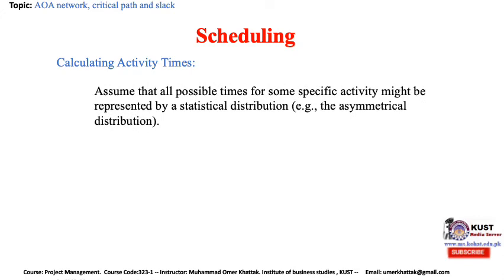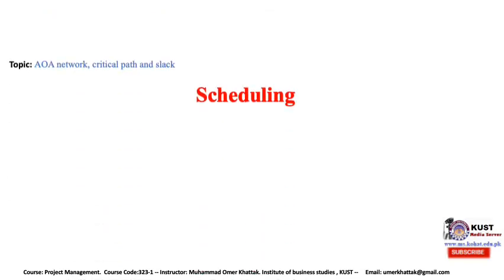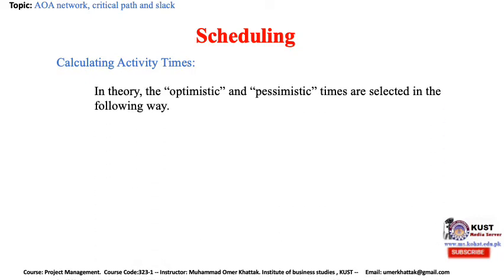Assume that all possible times for some specific activity might be represented by a statistical distribution, for example, an asymmetrical distribution. The most likely time m for the activity is the mode of this distribution. In theory, the optimistic and pessimistic times are selected in the following way.